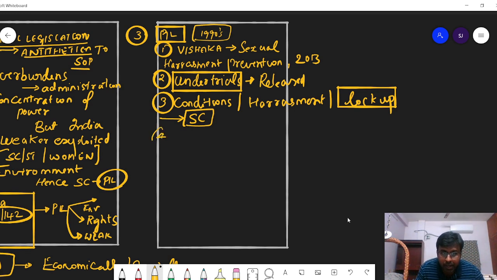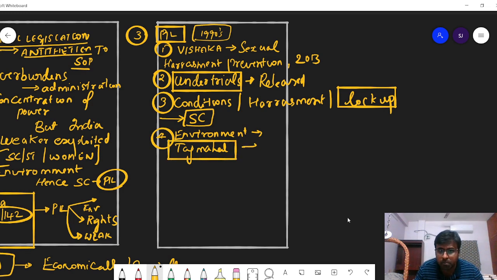Fourth, environment. One environment angle you can have is, see the Taj Mahal and many other examples. This comes in the paper every day. The Taj Mahal was getting into a very bad state because of pollution.